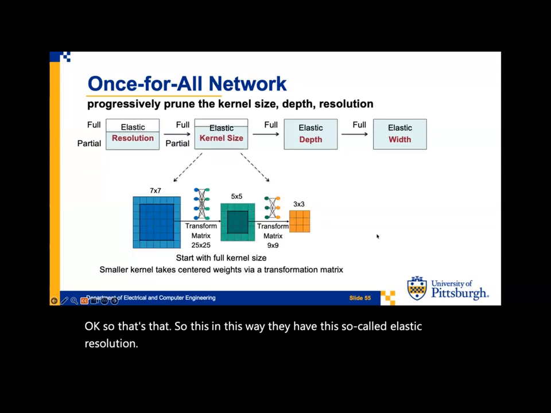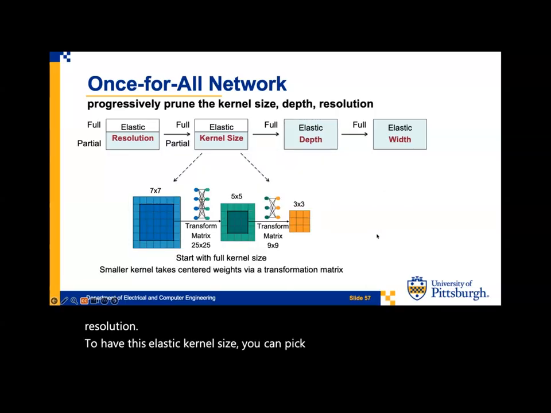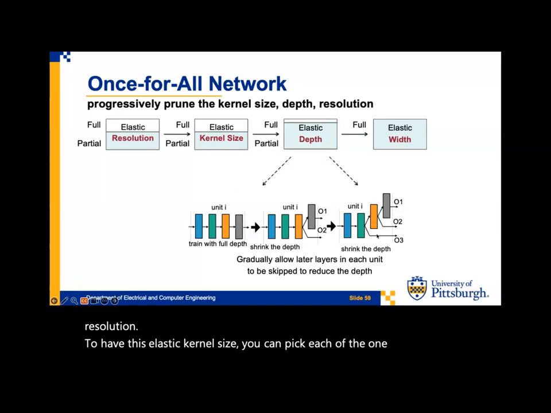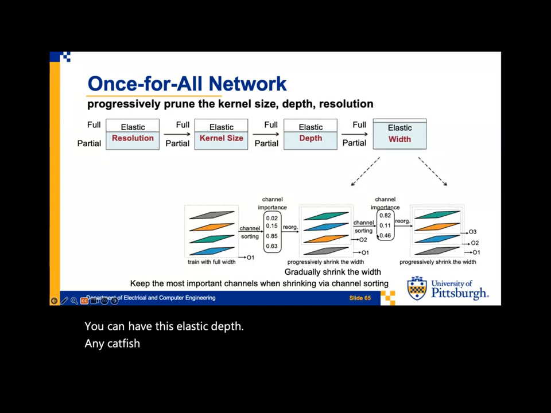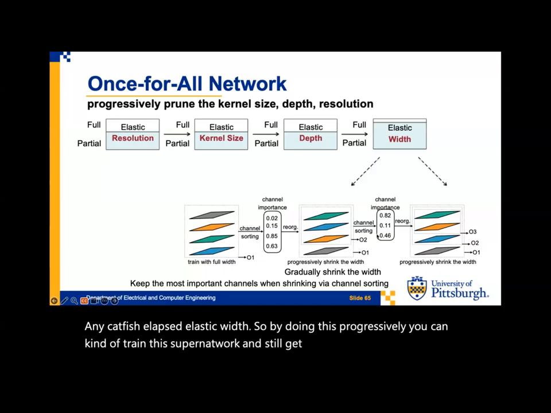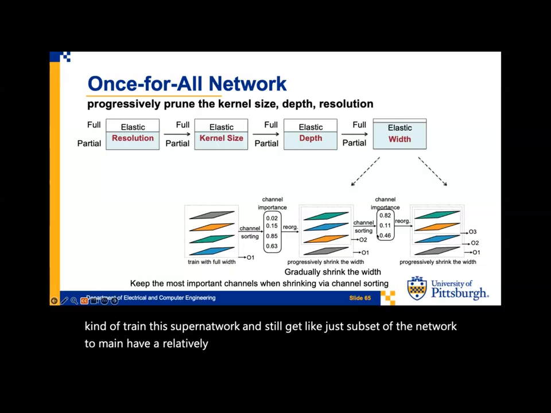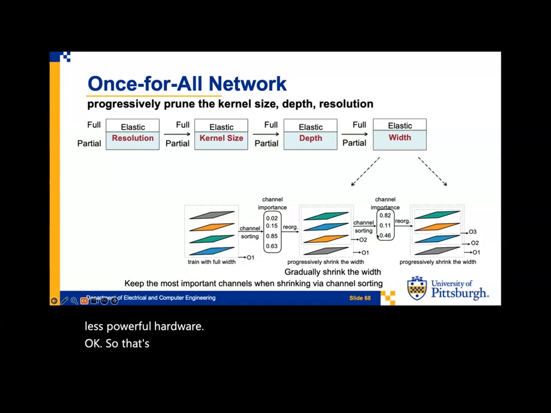They have this elastic kernel size. You can pick one of them. You can have this elastic depth, and you can have this elastic width. By doing this progressively, you can train this super network and still get just a subset of the network to have relatively good accuracy, but still run on less powerful hardware. Okay, so that's the basic idea.